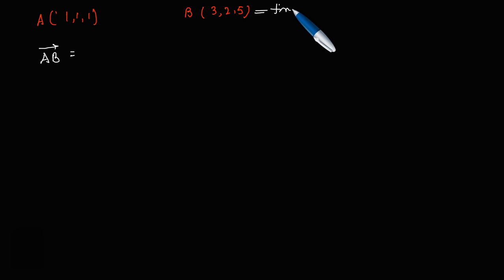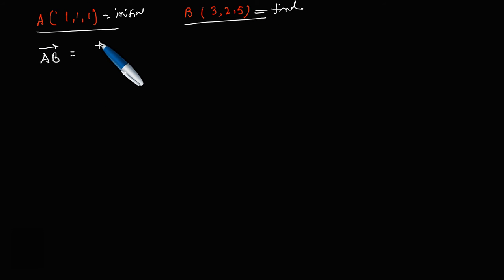We have point A, which is 1, 1, 1, and point B, which is 3, 2, 5. If you have to calculate AB, this is final, this is initial, this is from where, this is to where.